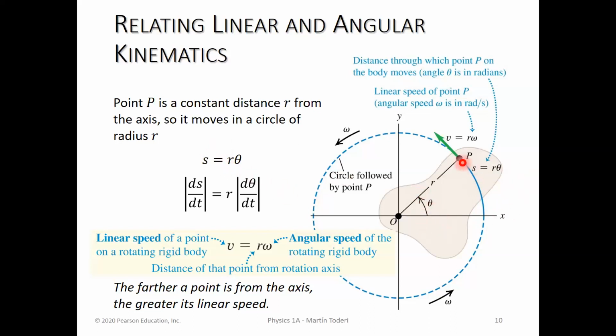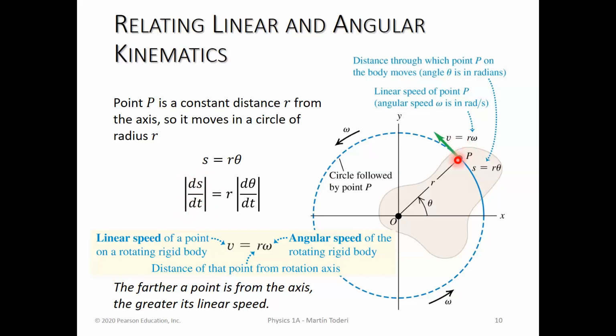That arc of the circle, let's say, is S, and it's equal to r, the radius, times the angle. So if we take the derivative with respect to time of that arc, which is displacement, this will give us the velocity, right?